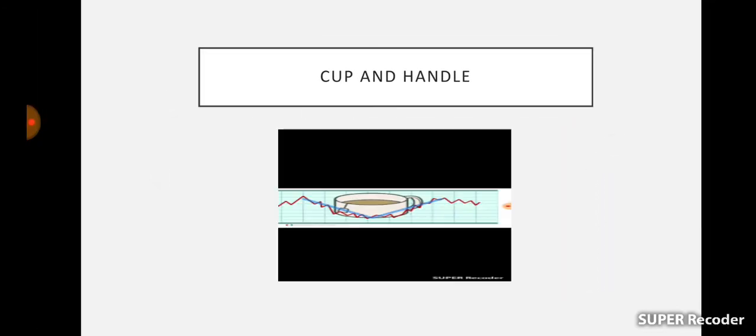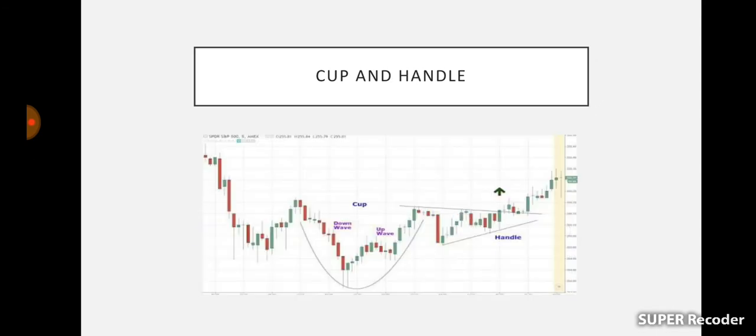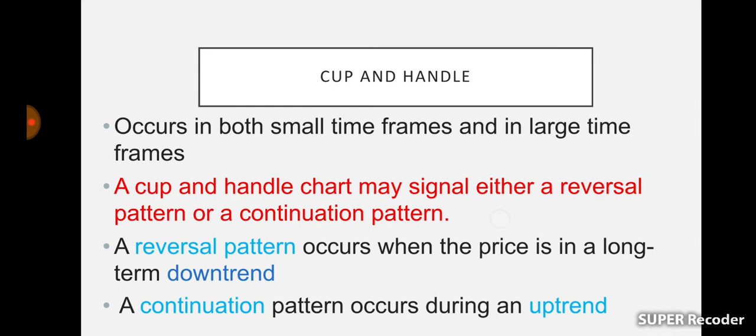Here the trend reversal happened. And a continuation pattern occurs during an uptrend. That means in the case of an uptrend, the price is rising and after cup and handle, the price continues rising. So a continuation pattern occurs there.